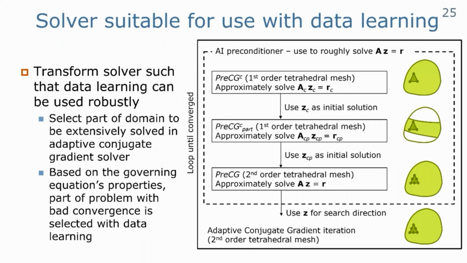Here's the schematic view of the newly proposed solver. Here, the artificial intelligence or data learning extracts a part of the target domain. This is the part with bad convergence in the implicit solver.